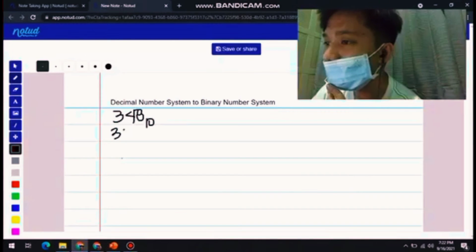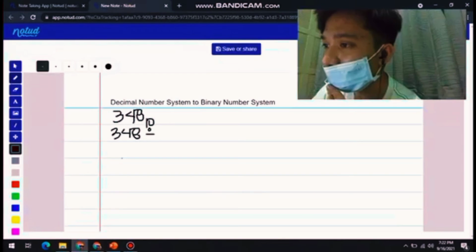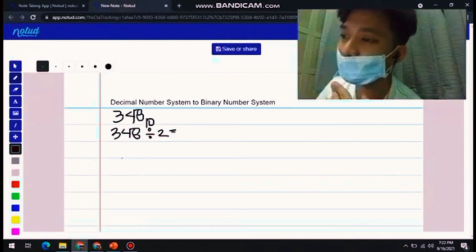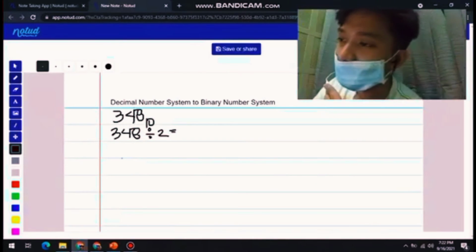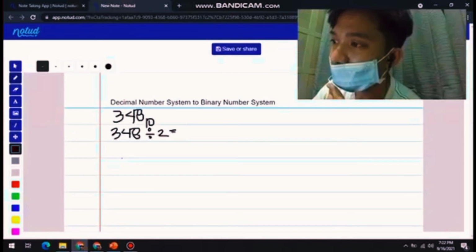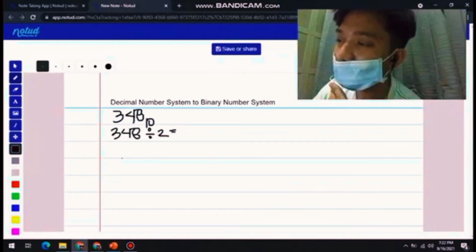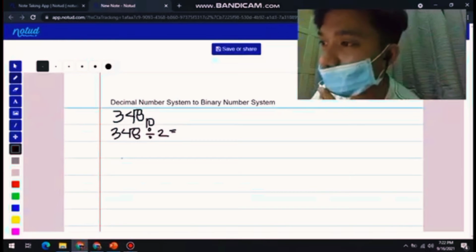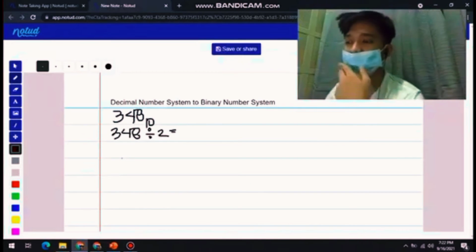Now let's divide this. 348 divided by 2. For your information, I get this 2 from the binary number system because it represents the base of 2.